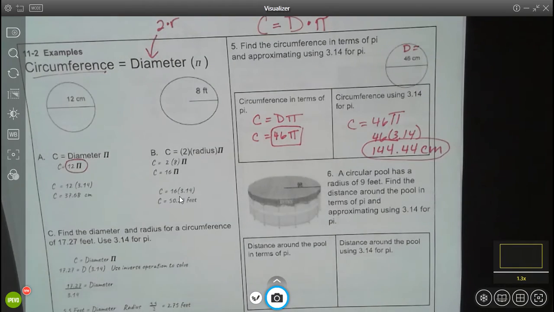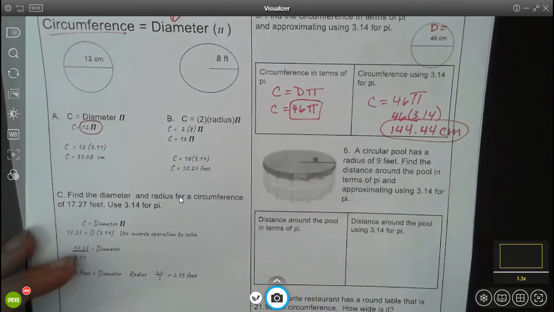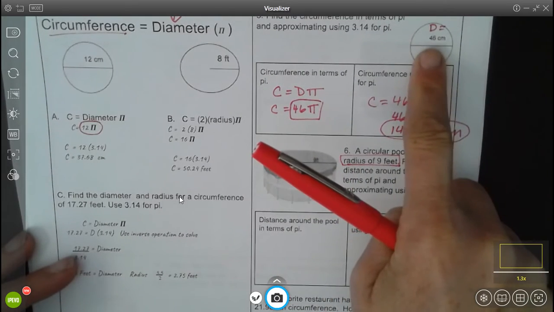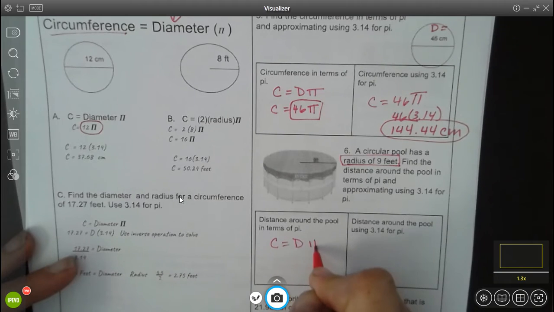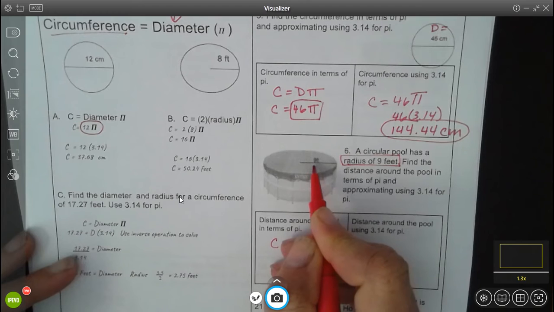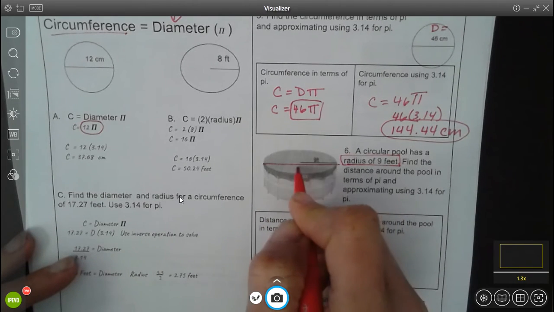That's a little better. Okay, now this one, they've tried to trick you. Ooh, they've given you a radius instead of a diameter. But remember, our rule is circumference equals diameter times pi. So if they give you a radius, you need to double this.